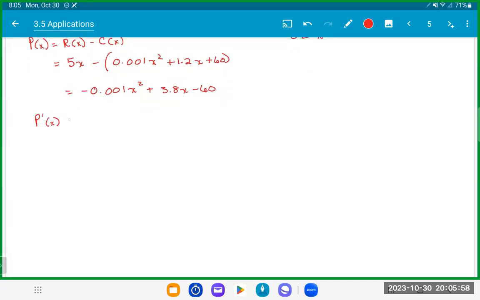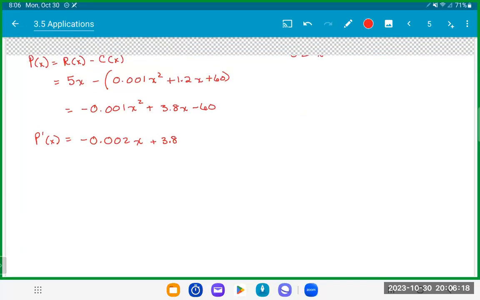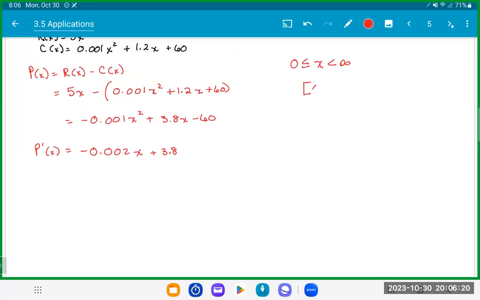Okay. So now let's determine our derivative here. Our derivative of our function is negative 0.002x plus 3.8. The derivative exists for all values of x in our domain. And our domain is 0 to infinity.